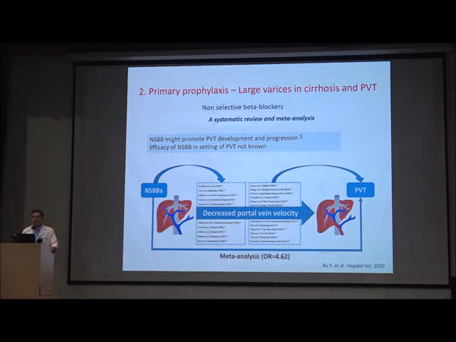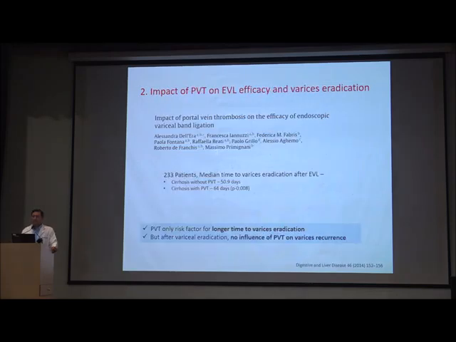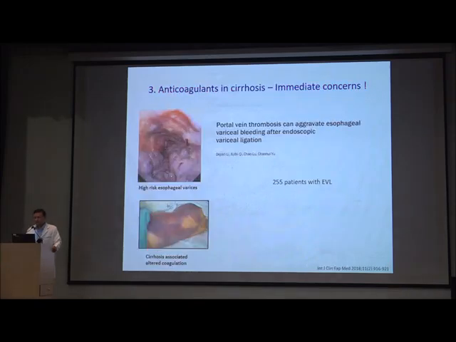So the efficacy of non-selective beta blockers in the setting of PVT is not adequately studied. Moreover, studies have shown that the median time to variceal eradication after EVL is higher in patients with PVT as compared to patients who have no PVT. But after variceal eradication, there is no influence of PVT on variceal recurrence.